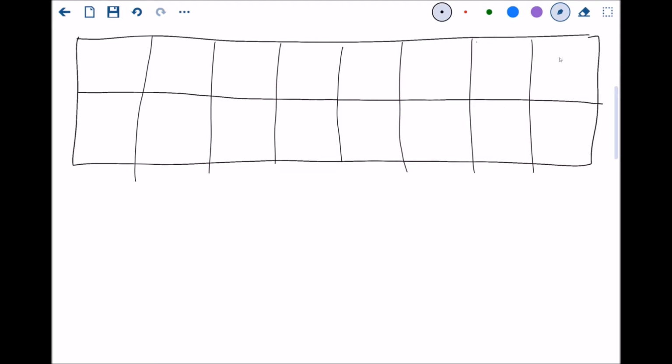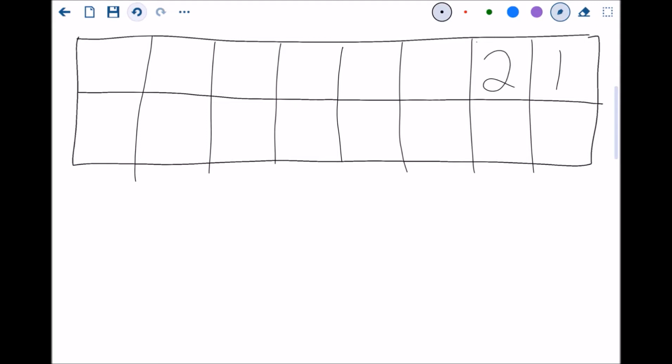Start out by making a rectangle that has 8 separate sections in it, and then another one below that that also has 8 separate sections. So you start at the far right and you put a 1 in that place. And then you double that number, move to the left, and put that number in here.